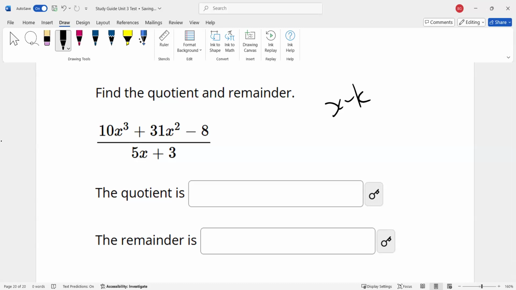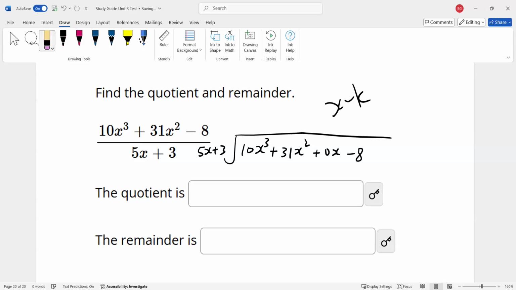So the numerator, we're going to write in standard form: 10x cubed plus 31x squared plus 0 times x and then minus 8. Double check. Degree is 3, so we should have 4 terms in the standard form: 3, 2, 1, 0. And the long division divisor is going to be 5x plus 3.